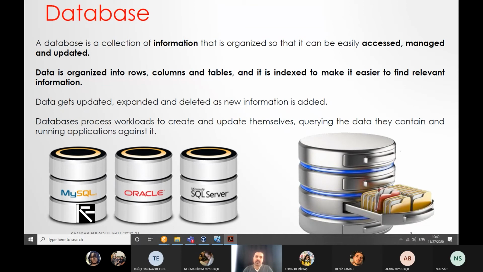All these records and fields, or rows and columns, create a table for us. And in order to start recording the data inside this table, we need to give some index.